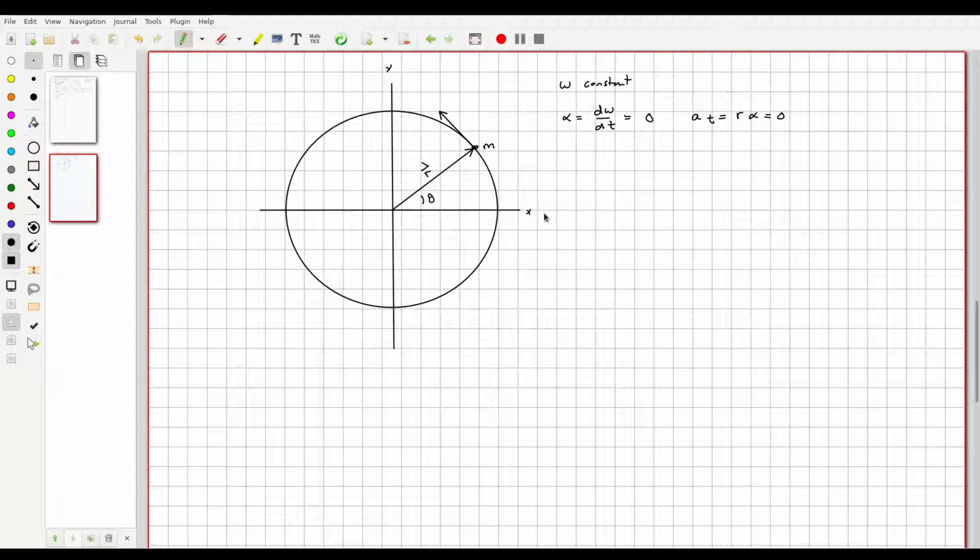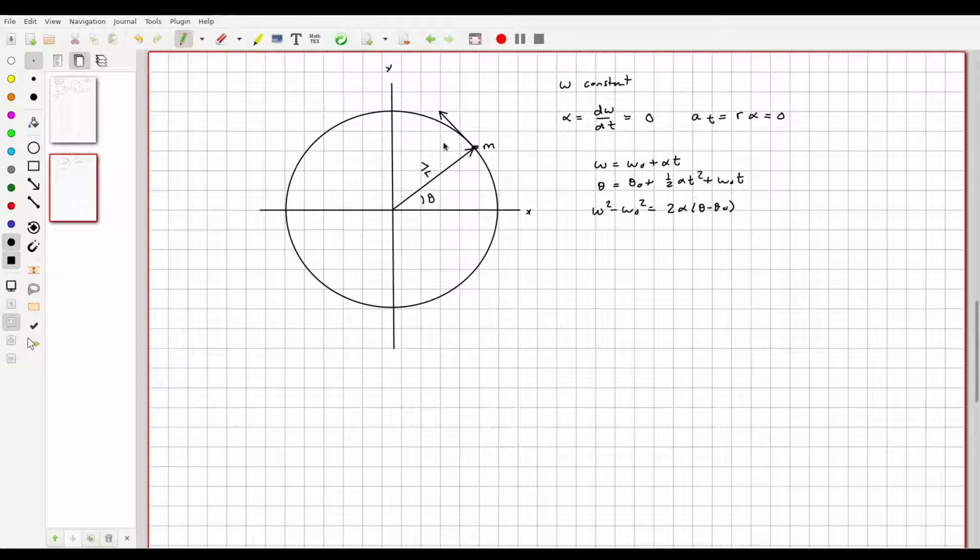Now that said, if you go back and remember the kinematic equations for rotational motion, which look something like this: theta equals 1/2 alpha t squared plus omega naught times t, and then omega squared minus omega naught squared is equal to 2 times alpha times theta minus theta naught.